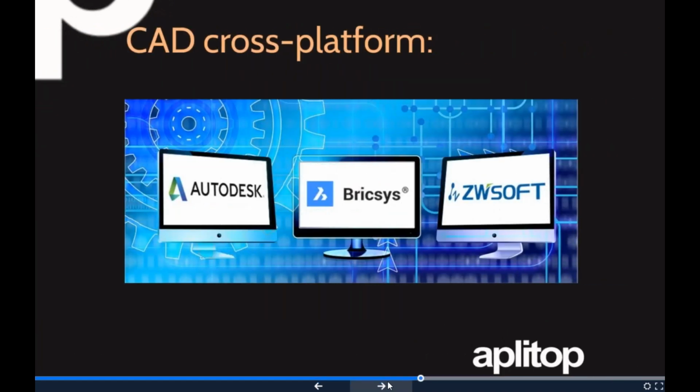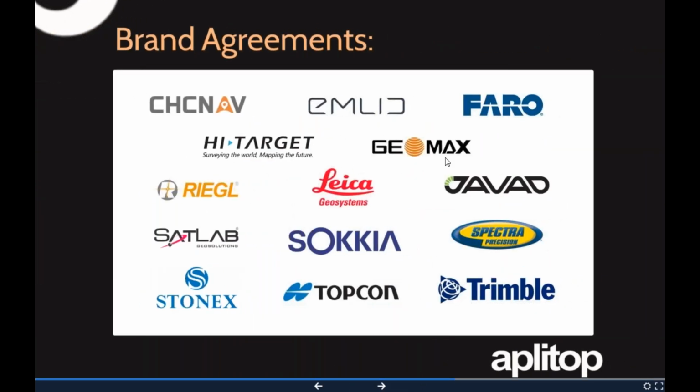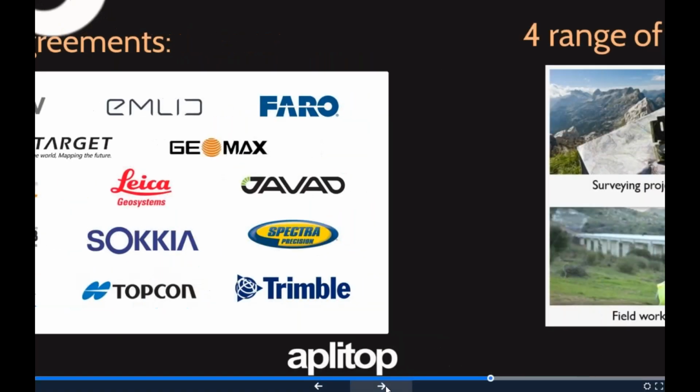When we need a CAD, as is the case today, we work mostly on AutoCAD, BricsCAD, and ZWCAD. We have brand agreements. These companies let us have their latest instruments so we can make our software compatible with them and able to use their own formats directly, without passing, for example, through LandXML or another generic format.